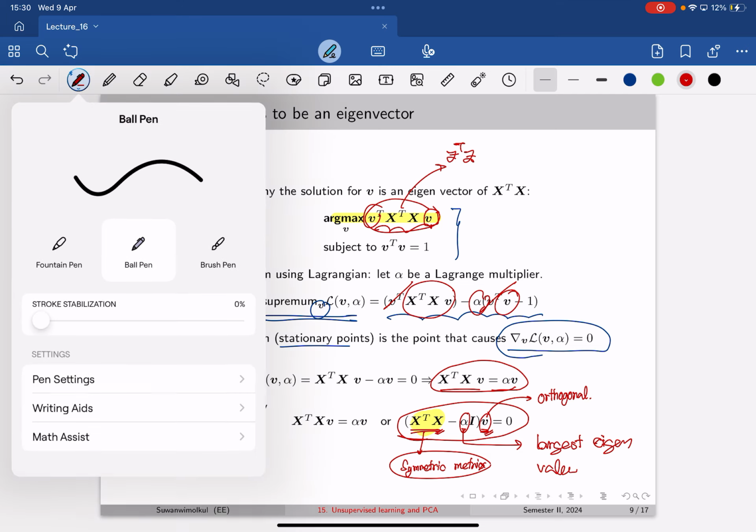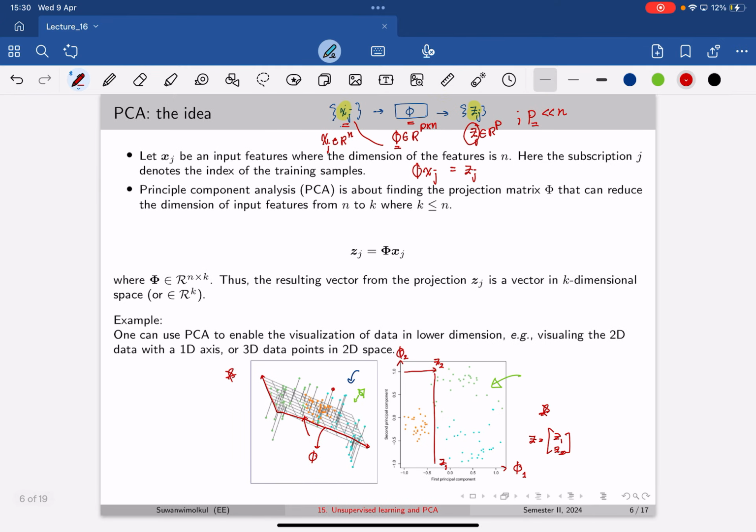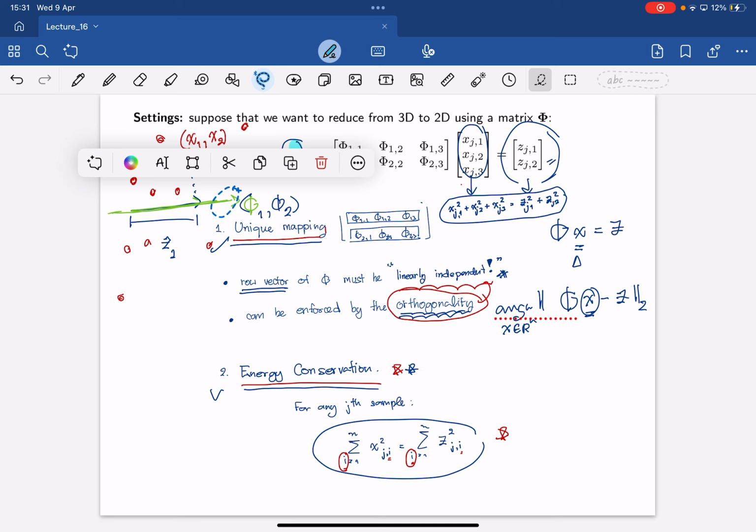Or you can think of it this way: if you want to project this matrix and find the best principal component for maybe some 2D points, and it was really the first component, it has to be a vector that mostly aligns with your data points.